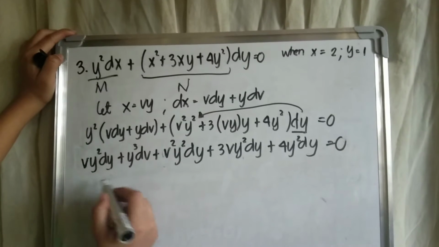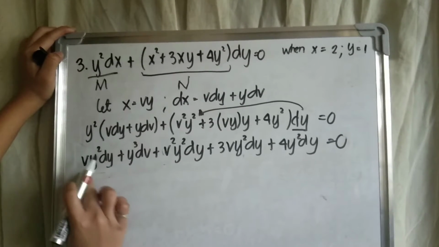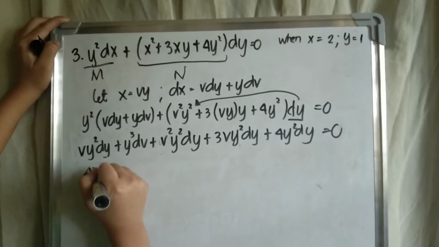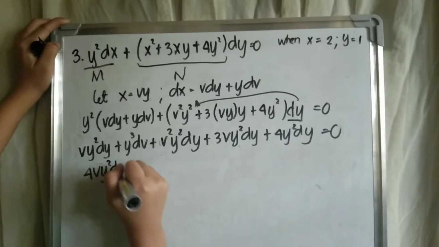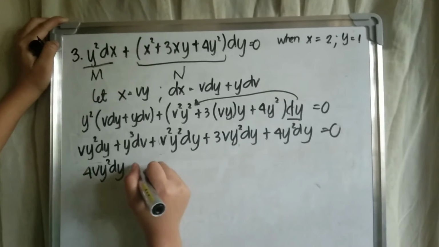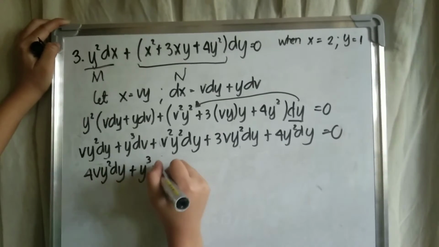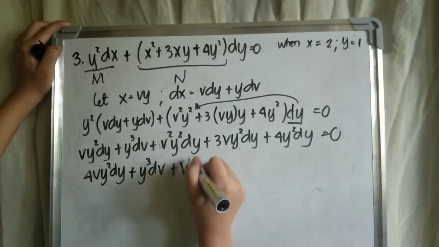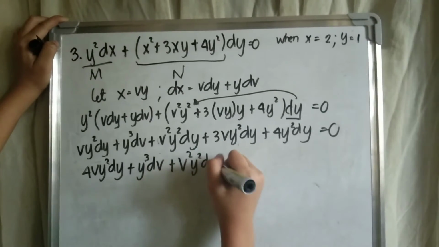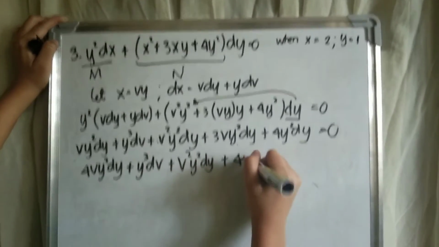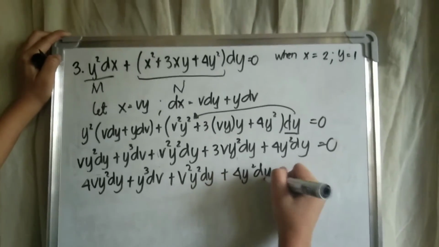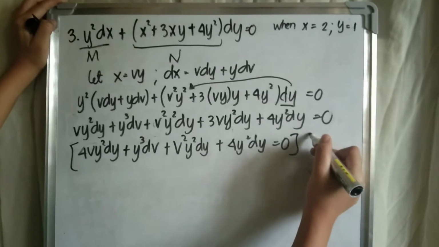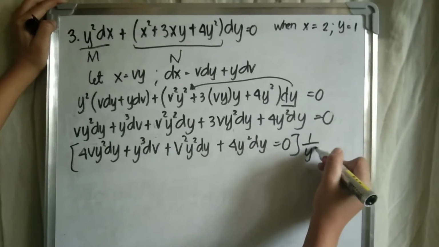So combine like terms, v y squared dy plus 3v y squared dy, this will become 4v y squared dy, and copy the remaining term, plus 4y squared dy equals 0. Then simplify by dividing both sides by y squared.